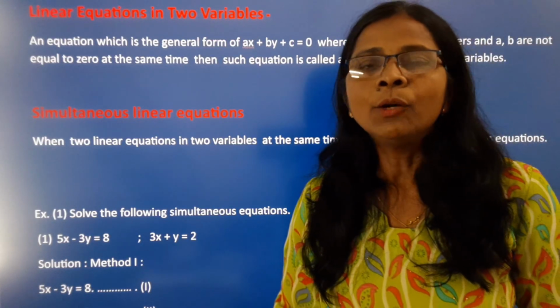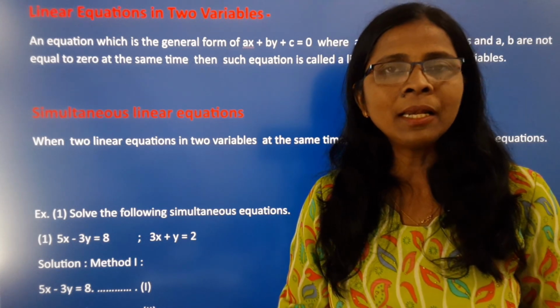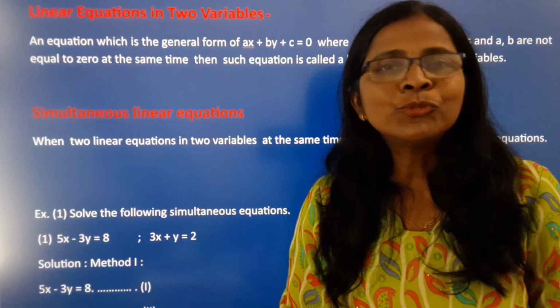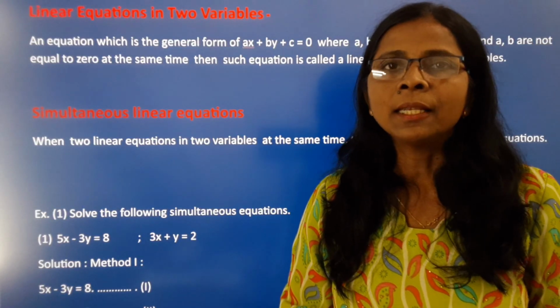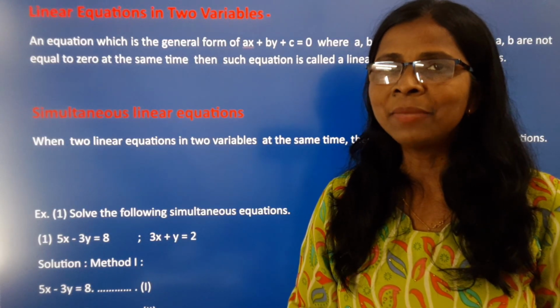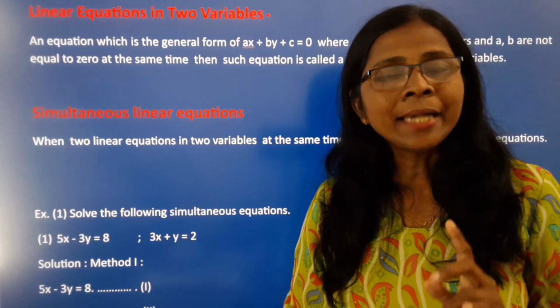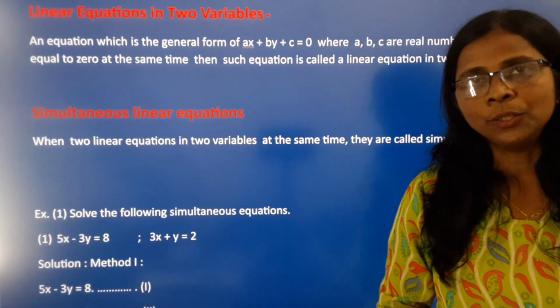So this way we can understand that there are two variables and the general form of the equation is ax plus by plus c is equal to 0, and here a and b are real numbers. At the same time, a and b do not equal 0.